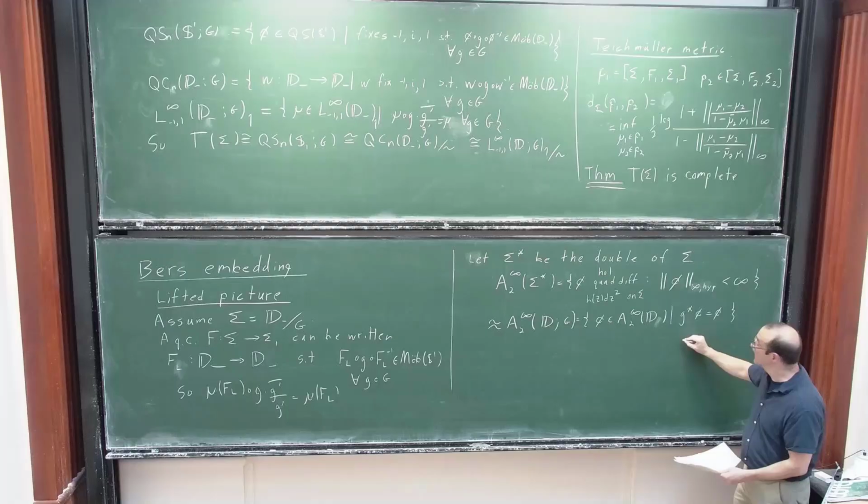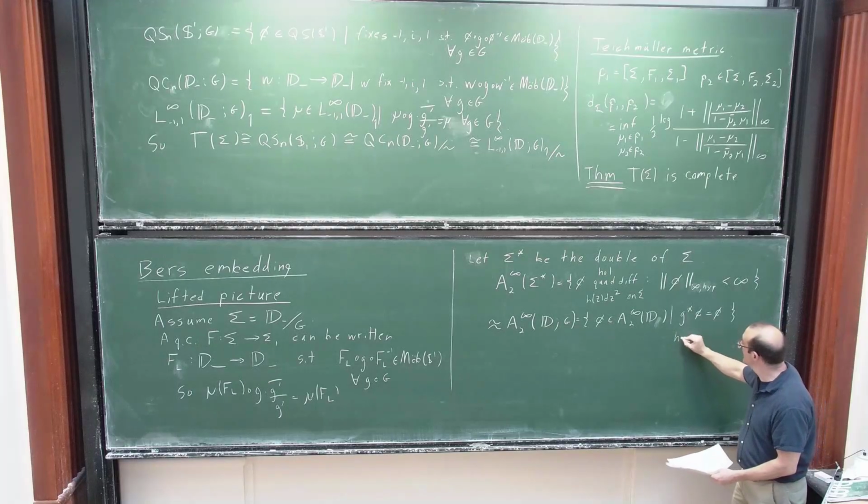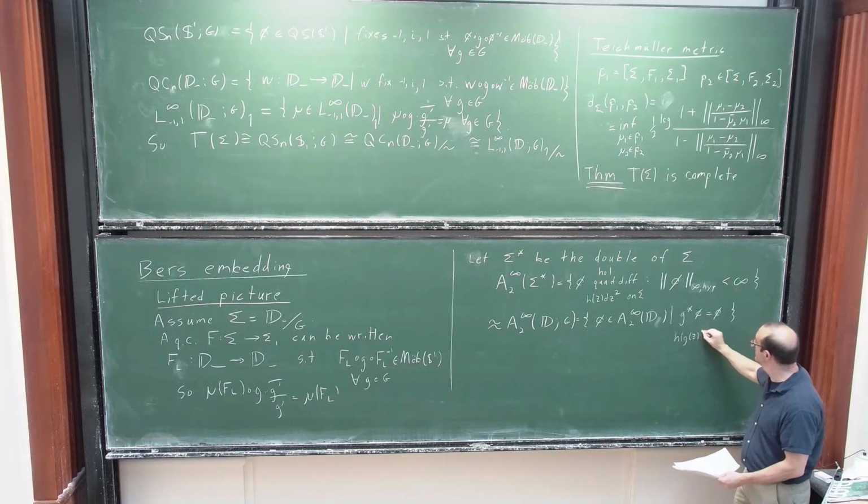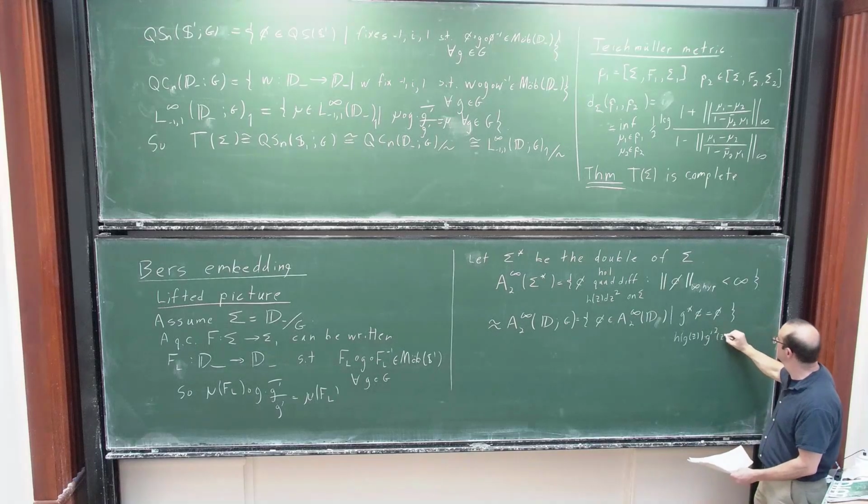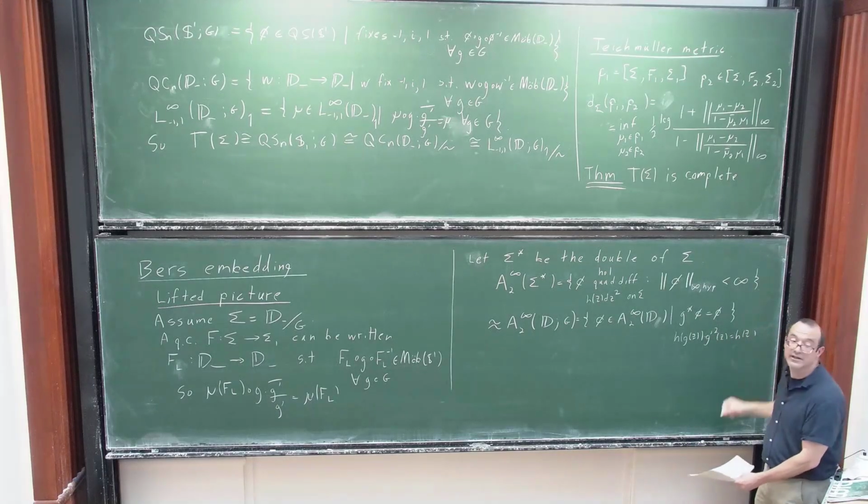By this, I mean that if you were writing in local coordinates, h of g of z times g prime squared of z is equal to h of z in coordinates.